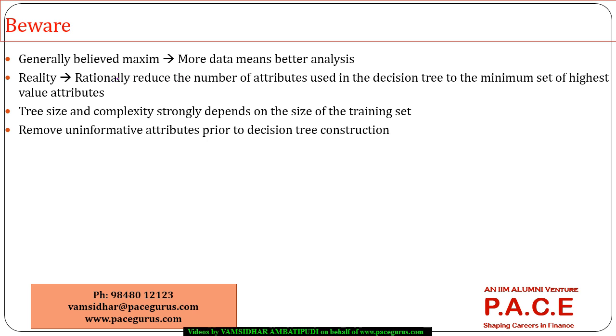The reality is I should be able to reduce the number of attributes used for building the decision tree to the minimum set, but each of those variables should be a highest value adding attribute. It's not the quantity that matters. Even if you have very few attributes, they should contribute powerfully to your decision variables.